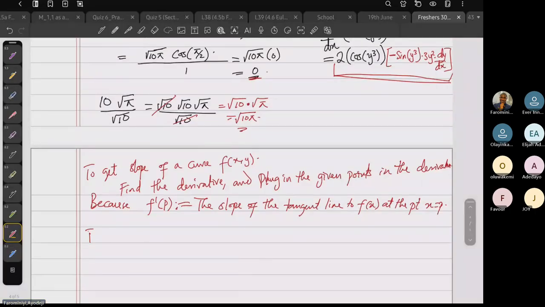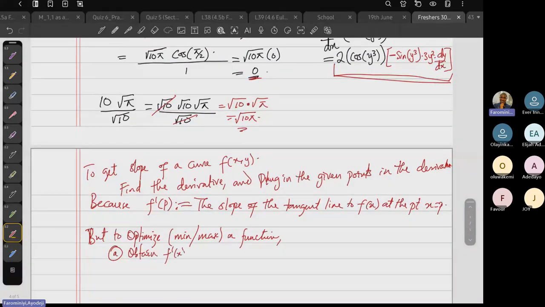But to optimize, that is, either minimize or maximize a function, first, you obtain f prime of x, that is dy dx. Second, you set it equal to 0 and solve for x.